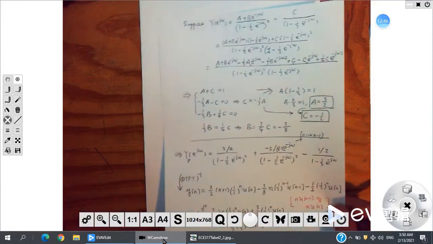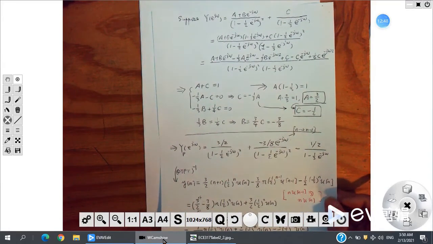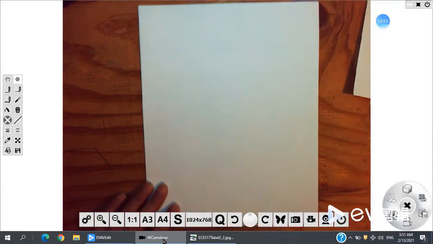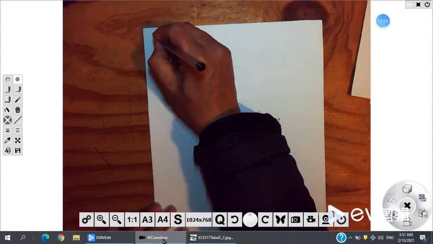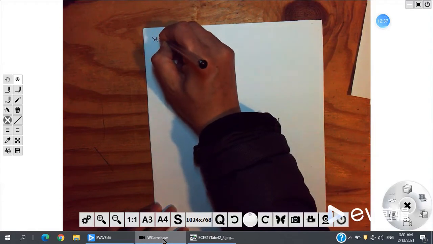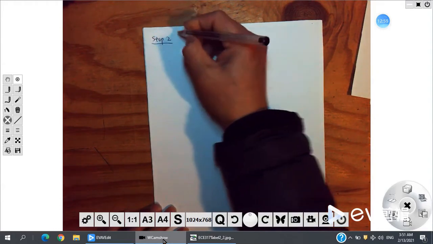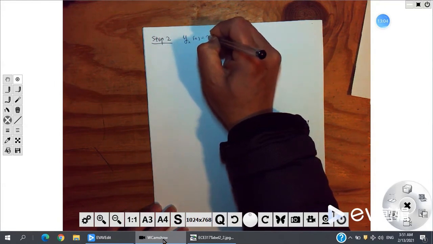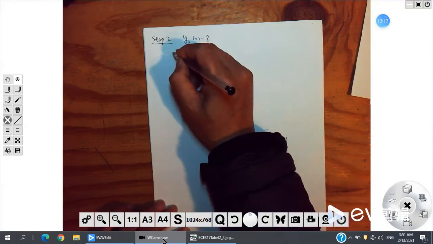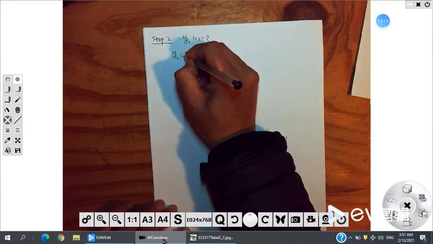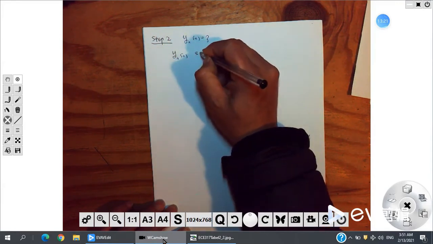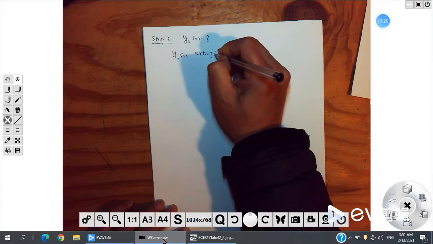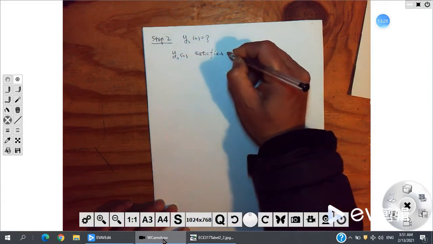Alright, after we have the particular solution, we try to find the homogeneous solution. This is step 2. We need to find the homogeneous solution. We know the homogeneous solution satisfies the homogeneous equation.